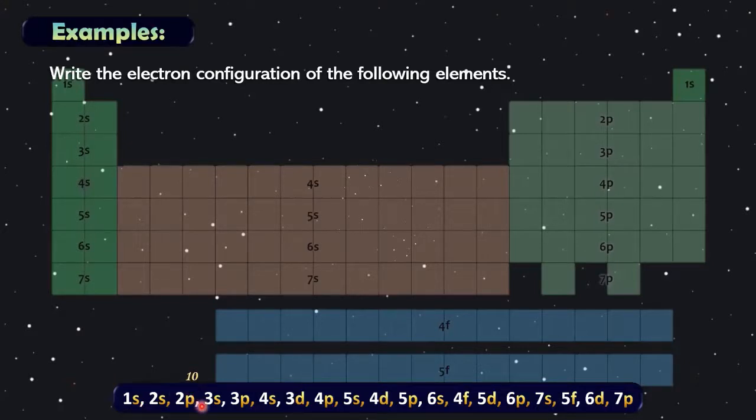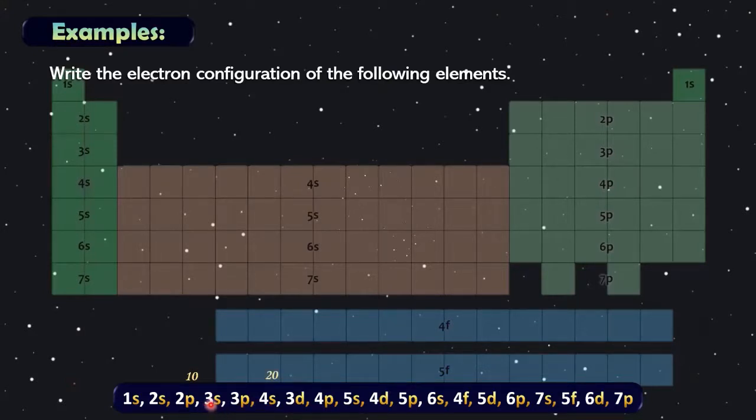Especially for SPDF notation, know that if the atomic number of the element is 10, therefore you stop at 2p. That is 2 plus 2 plus 6 is 10. And if the atomic number is 20, you stop at 4s.